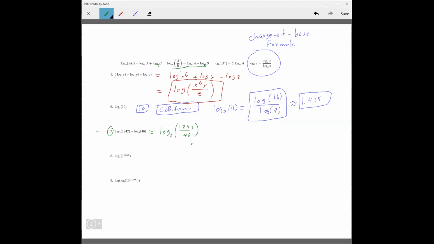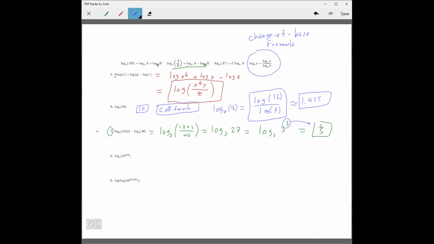If you take 1,242 and divide that by 46, you get 27. So this is actually the log base 3 of 27. But we know that 27 is 3 to the 3rd power, and so this is just going to be 3, because those match up.